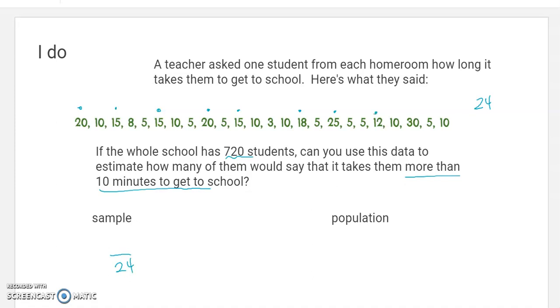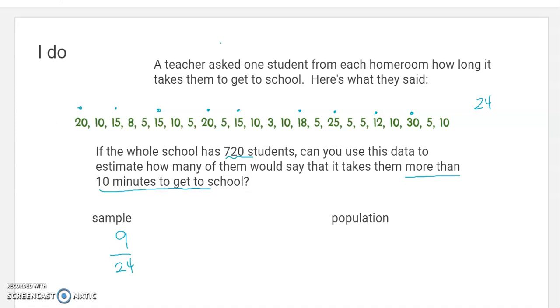I'm not going to include 10, because 10 is not more than 10 minutes. That one. So how many was that? 1, 2, 3, 4, 5, 6, 7, 8, 9 of them. Did I miss any? Double check. No. So 9 out of the 24 students in the sample take more than 10 minutes to get to school.